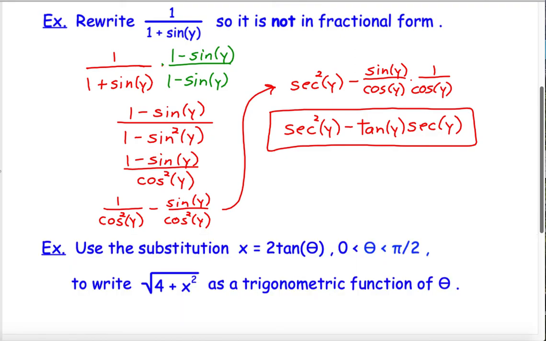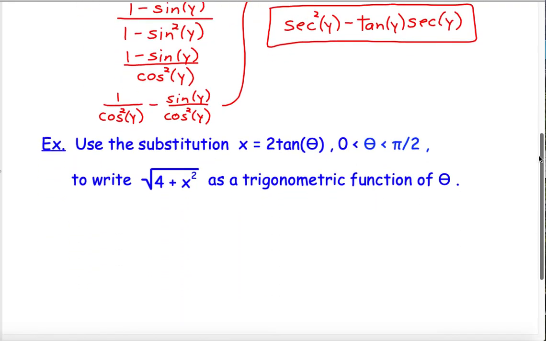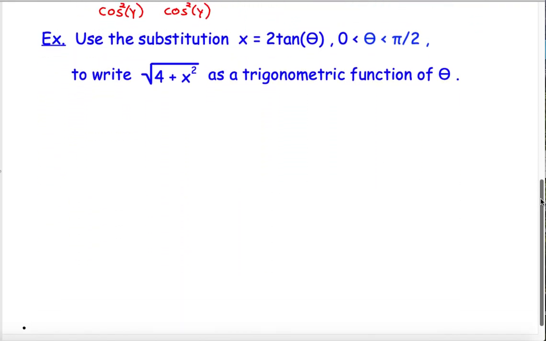All right, let's try one last one. And this is a technique that's very useful later on in calculus when you start learning about techniques of integration. But we don't have to worry about that now. Let's worry about the algebra part of this. Use the substitution x is equal to 2 tangent of theta.